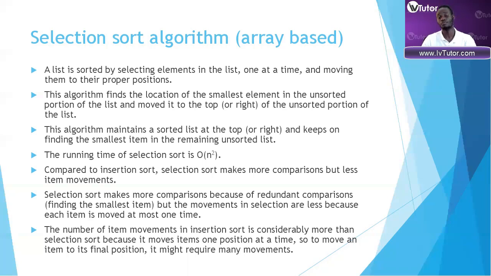And that is why it makes a lot of comparisons. But once you find the smallest item and you want to move that to the index it should go, you don't have to make a lot of movements. You just swap that current item with the index where it needs to go. So in summary, selection sort makes a lot of comparisons, but it also makes less movements compared to insertion sort.